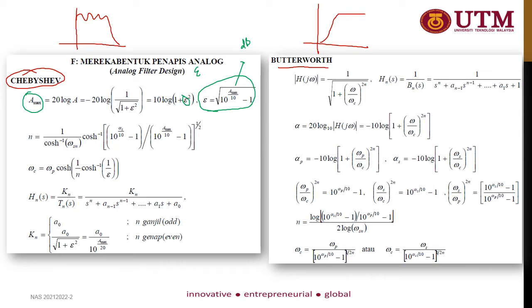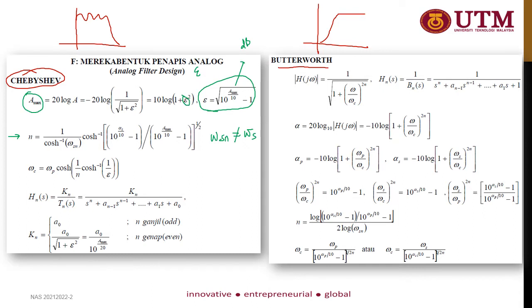Same goes to the n, the number of filter order, and this is omega Sn, the normalized frequency, and omega Sn is not equal to omega S, so it's different. It depends on the type of filter you have, whether it's low pass or high pass.